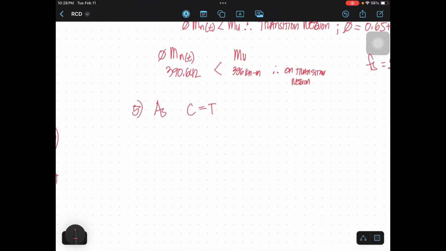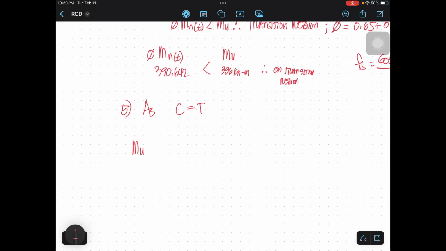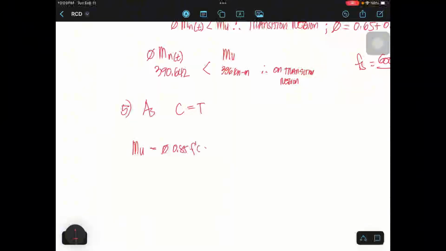So we can compare it by the actual moment capacity or Mu, ultimate moment capacity. It is the ultimate moment. Okay, Mu is equals to reduction factor 0.85 f prime c a b quantity d minus a over 2.